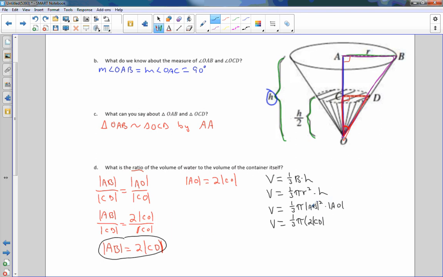So here's what's happening here. 1/3 pi AB squared. AB is my radius, but it's 2 CDs. So length of AB is twice the length of CD. So I can replace AB squared with 2 CD squared times OC, which is the height of the smaller triangle, or smaller cone, I should say. And that is 2 CO.